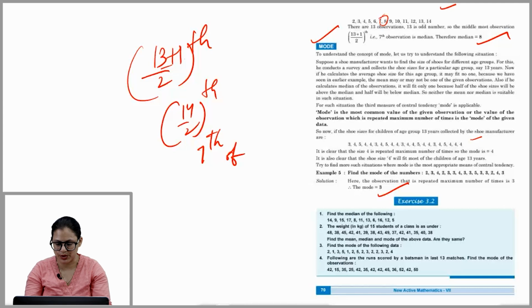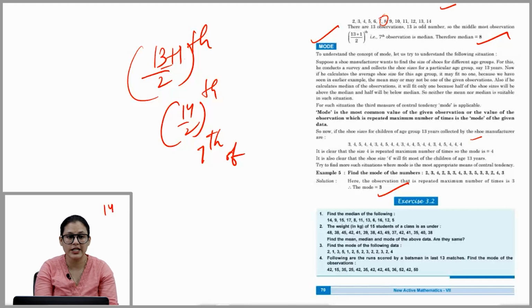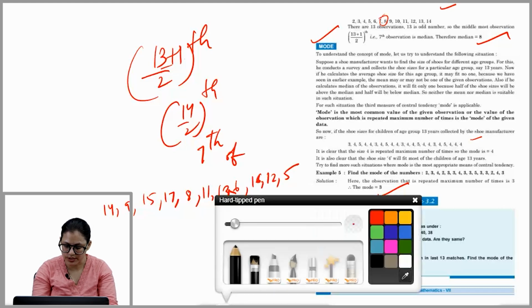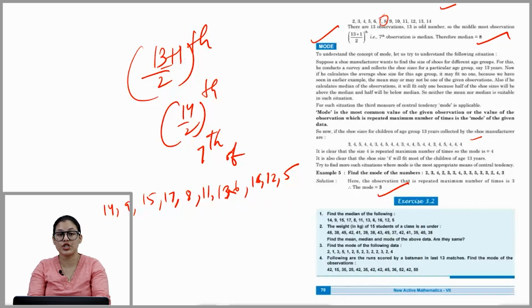Let's do exercise 3.2. Find the median of the following: 14, 9, 15, 17, 8, 11, 13, 6, 16, 12 and 5. So first, what will you do? We will arrange them in ascending order.